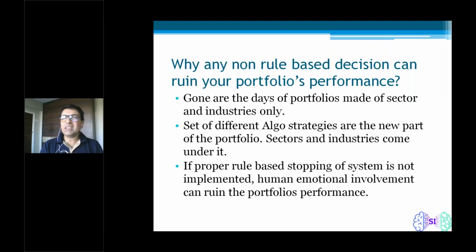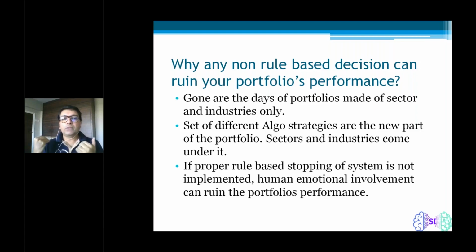If there has to be any human intervention in algo trading, it should be to turn on the system in the morning and turn off the system in the evening. If that can also be automated, nothing like that. Other than that, all parts of the system should be anticipated and a rule-based system should be in place, and that's the only way we can expect better performance from the system.